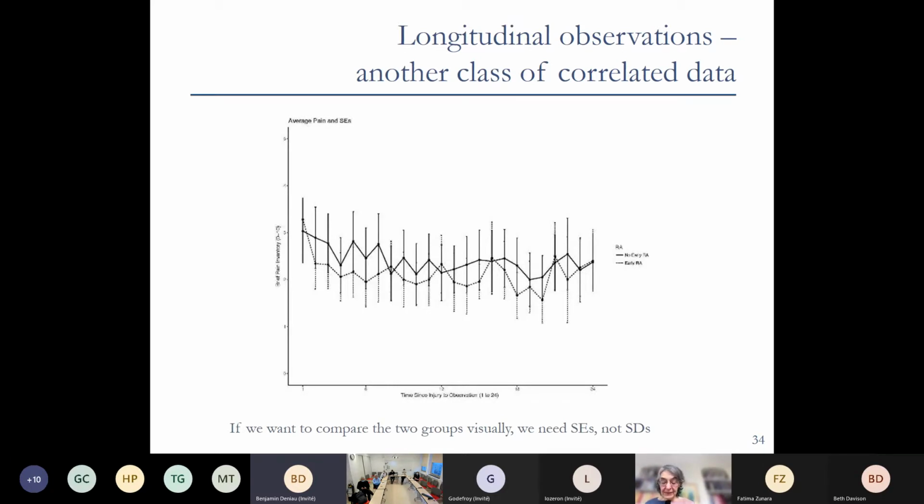Some of them, one of them doesn't. And you're looking at data over time to see, is one treatment better than another? And here you have two treatments. Most of these are pain examples. So this is an example of pain.